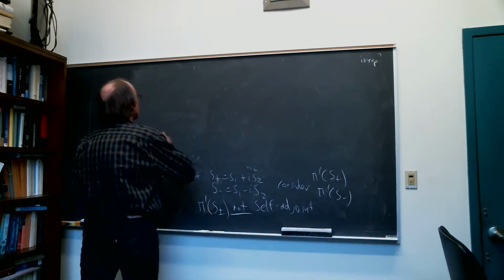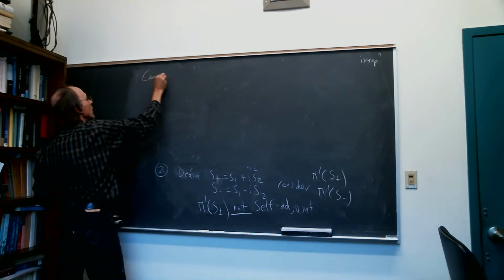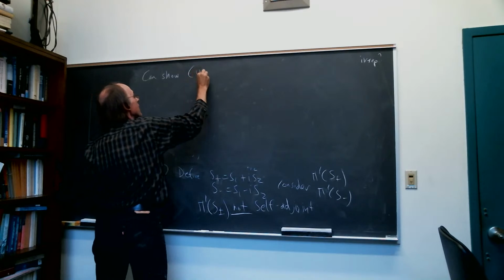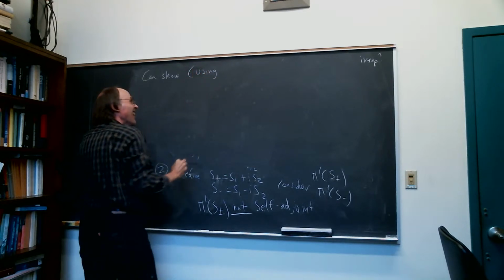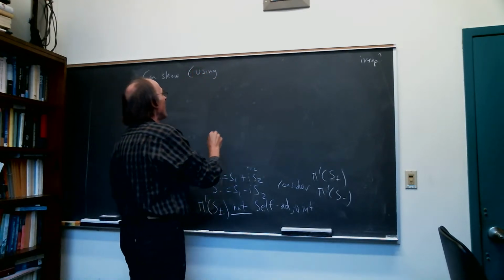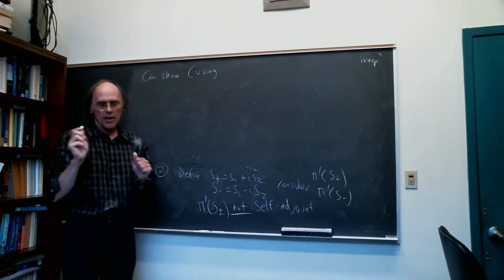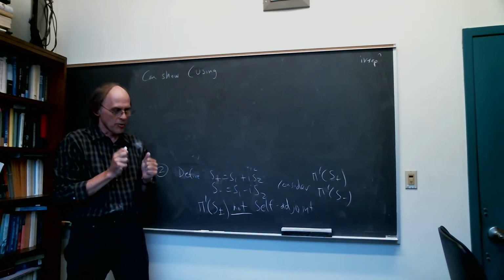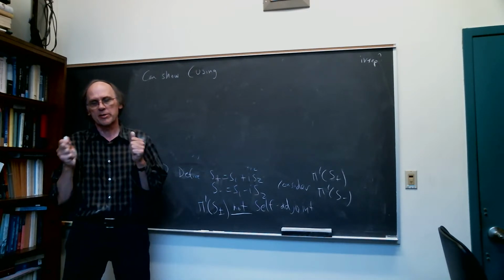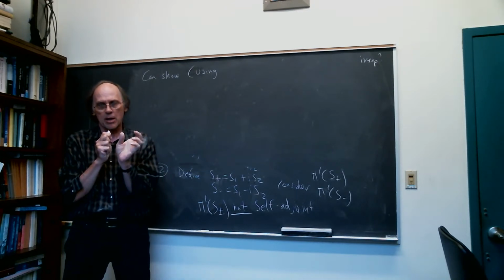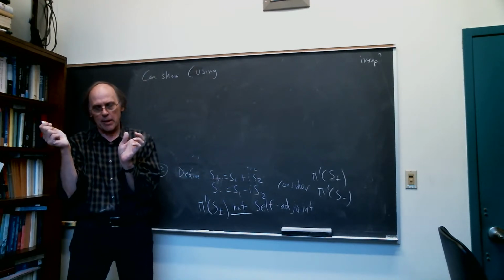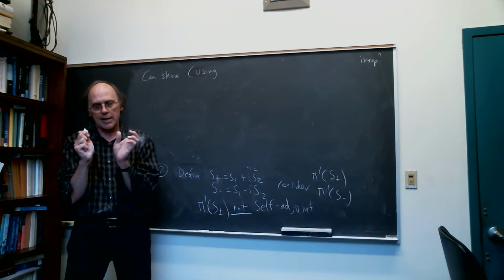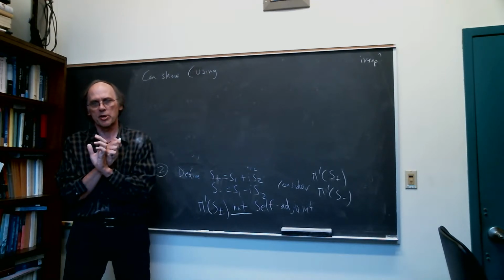Okay. So you can show, and here what you do is use the fact that you've got a Lie algebra representation, which means this pi prime map is some kind of linear map, and it preserves the Lie bracket.